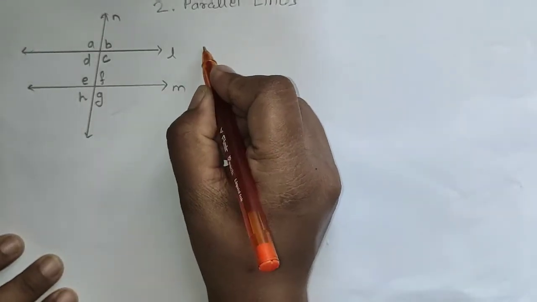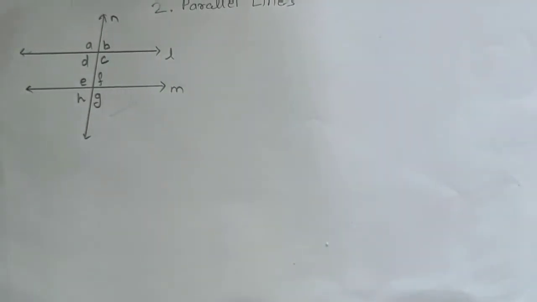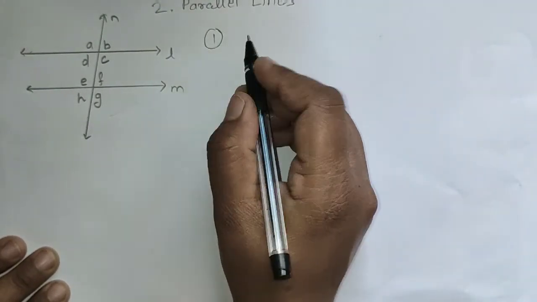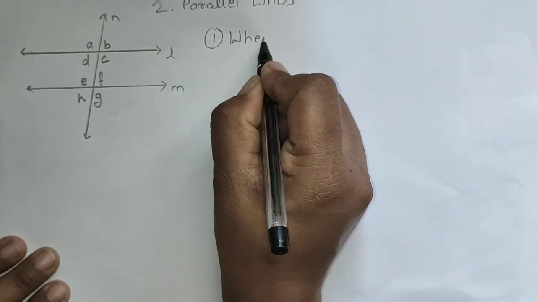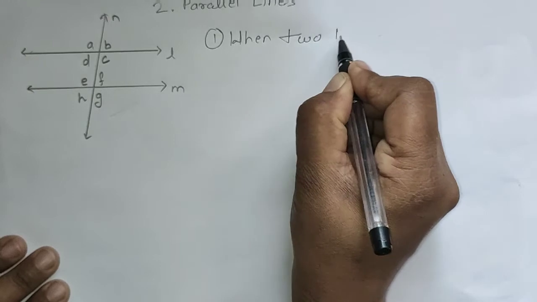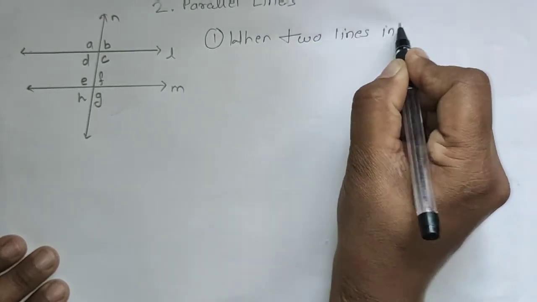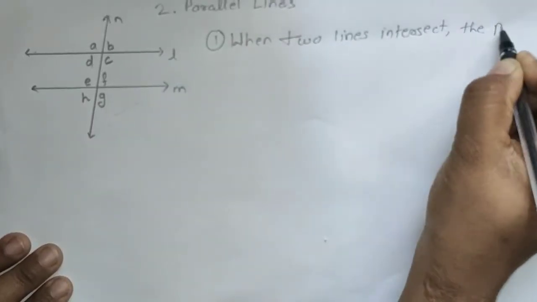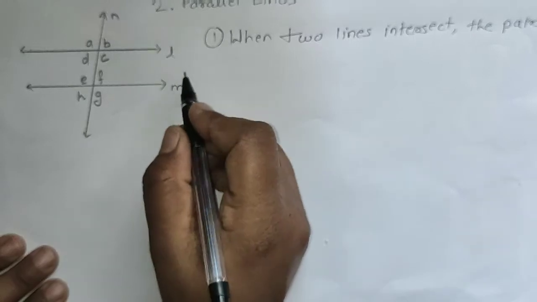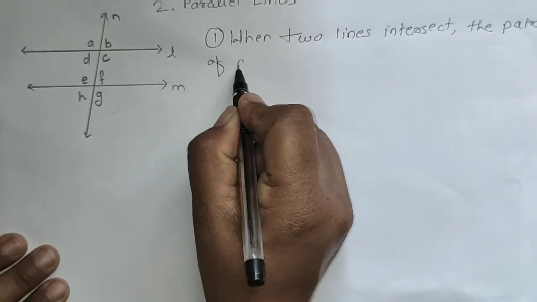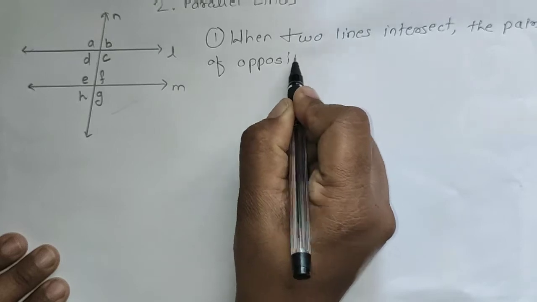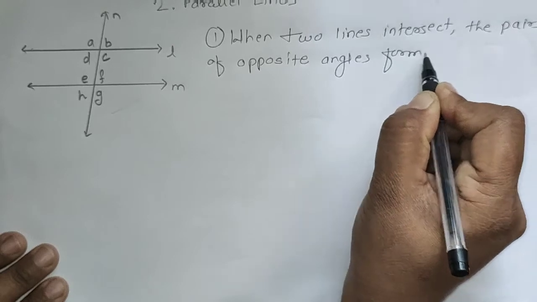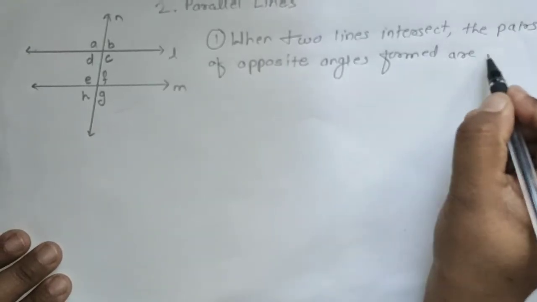So the first important property is, what is the first property? When two lines intersect, the pairs of opposite angles formed are congruent.